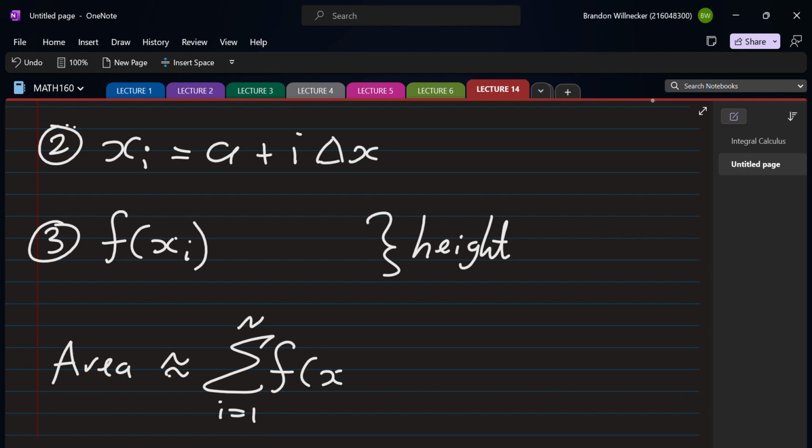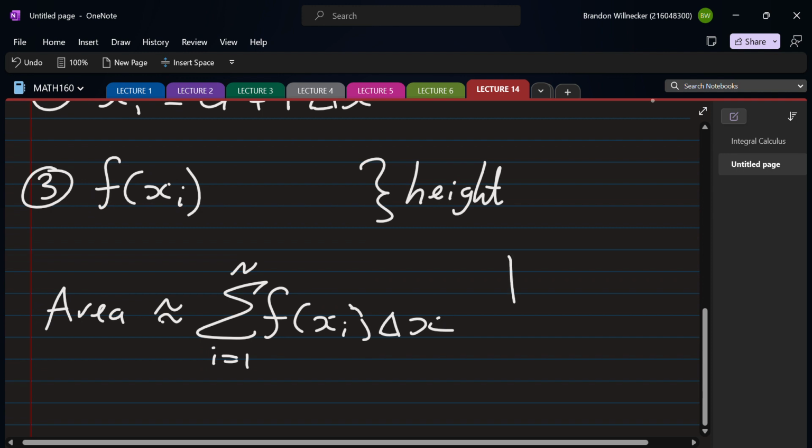So it will be f of xi delta x. Why are we doing the sum? Each term in the sum is one rectangle, height times base. We need to sum them up, and then that gives us the full approximate area. Again, it's just approximate because we haven't taken the limit yet. This is called a Riemann sum.